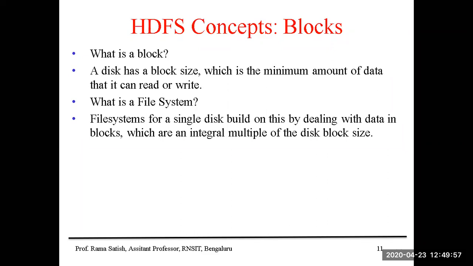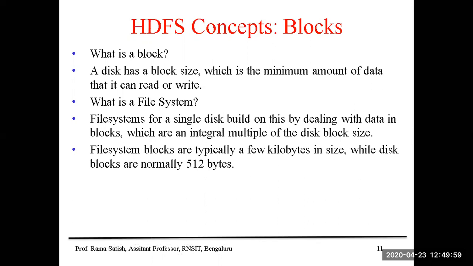File blocks are typically a few kilobytes in normal systems, Windows, Unix, Linux. It is 512 bytes in normal systems, but the same is not true for HDFS. HDFS follows a different blocking system.